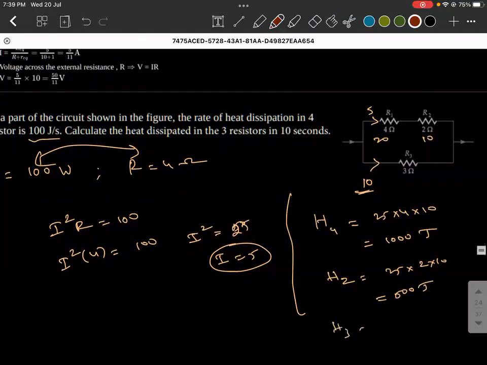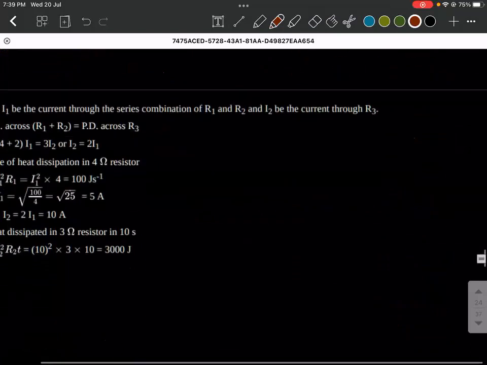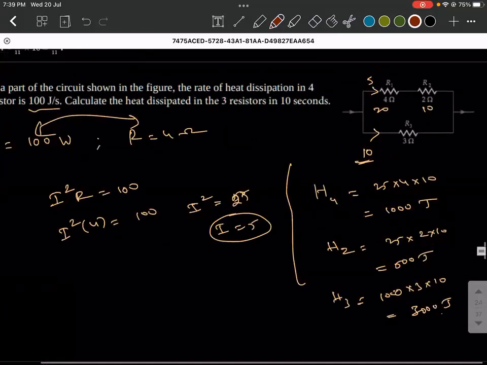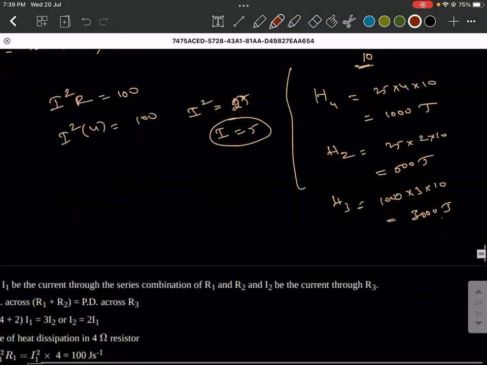Heat across the 3 ohm will be 25 into 3 into 10, which will be 750 joule. So the total will be 2250 joule. Is that right? I hope it's clear.